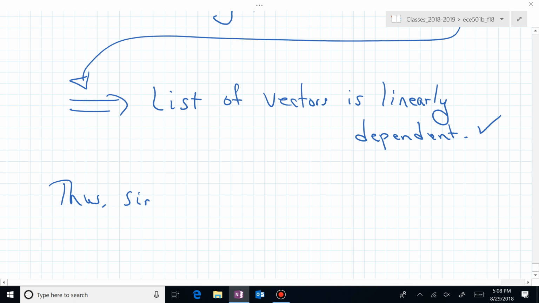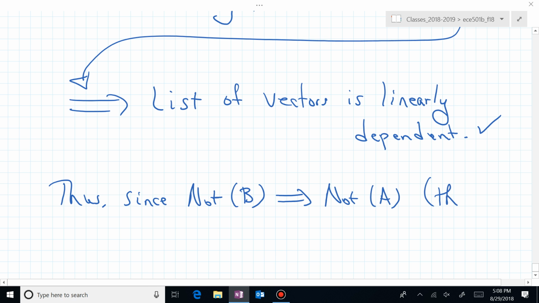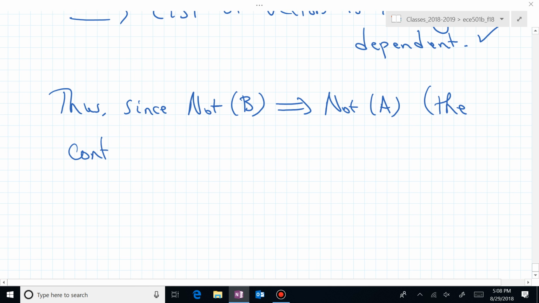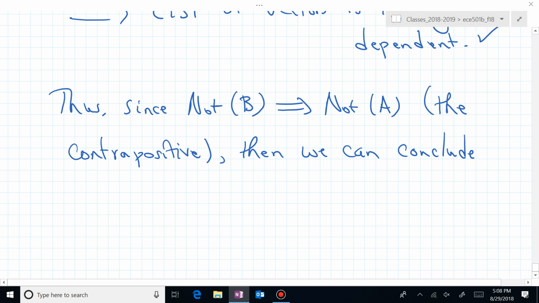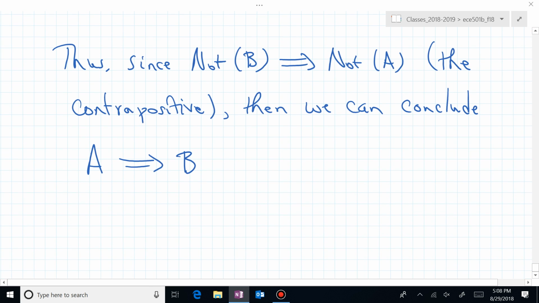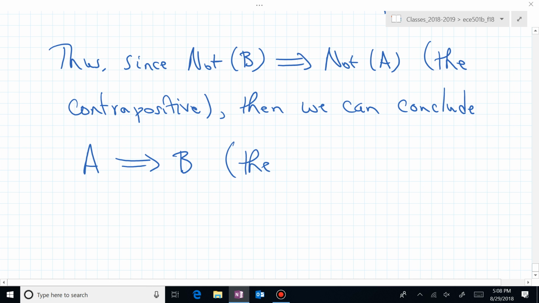Thus, since not B implies not A, which is the contrapositive argument, and because that's logically equivalent to if A then B, we can conclude A implies B, which was our original corollary, or the original corollary is in fact a true statement.